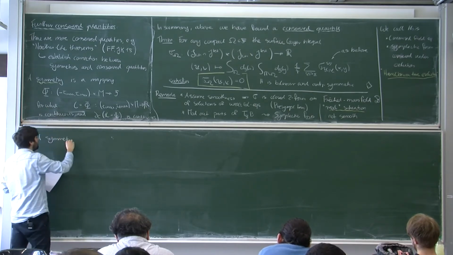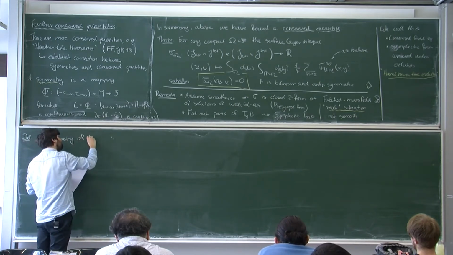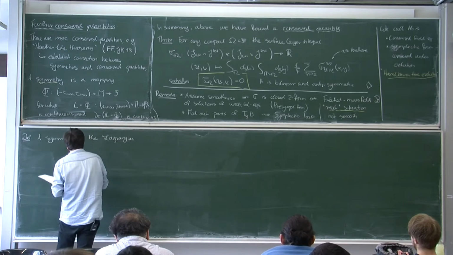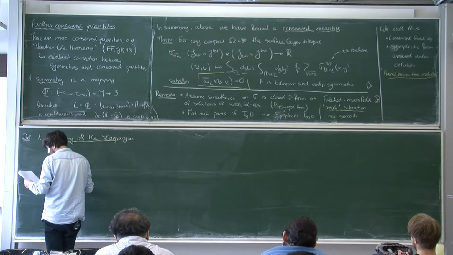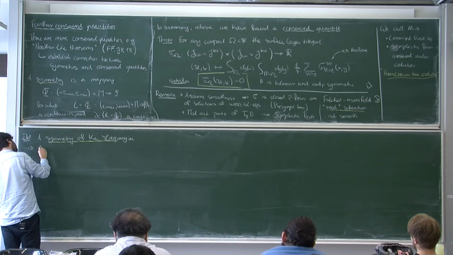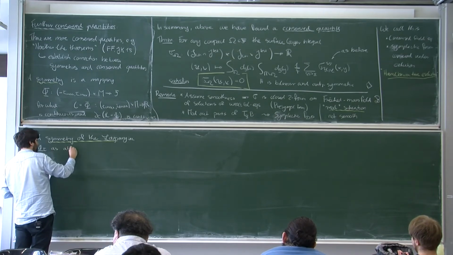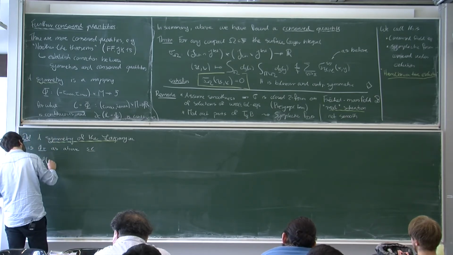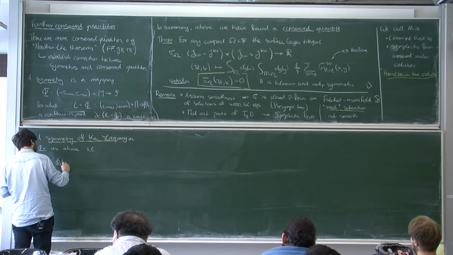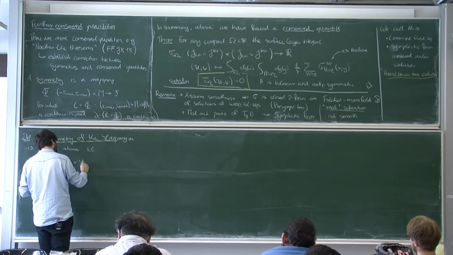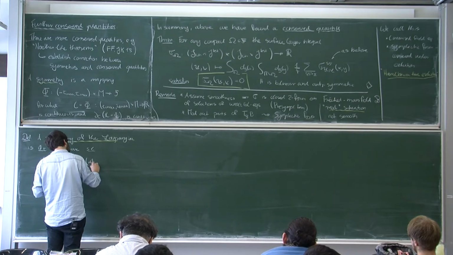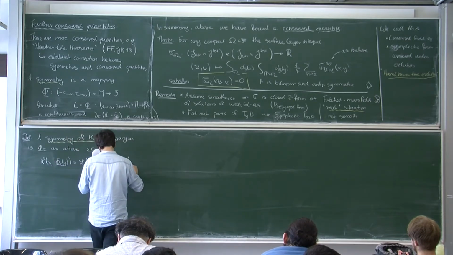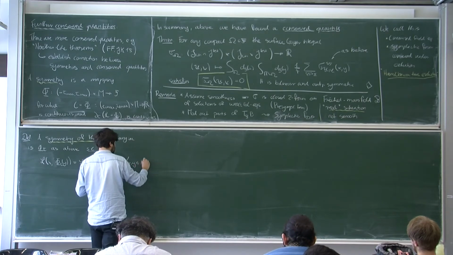A symmetry of the Lagrangian is phi tau as above, such that the following holds: L of x, phi tau of y is the same thing as L of phi minus tau of x, comma y, and this is supposed to hold for all x, y in M and for all tau.